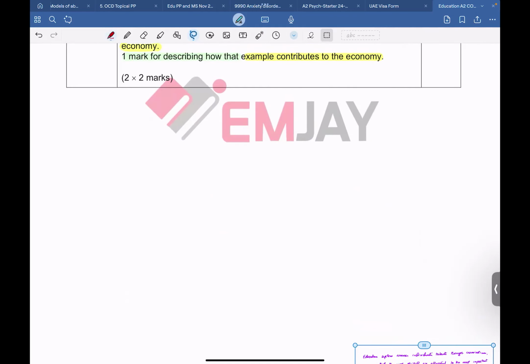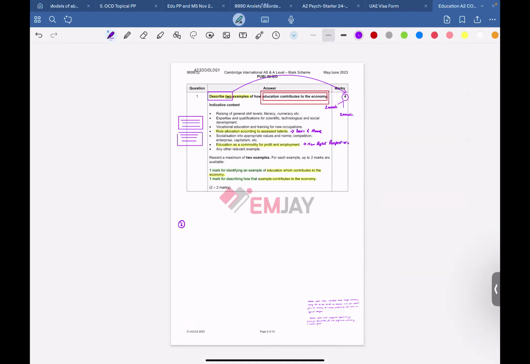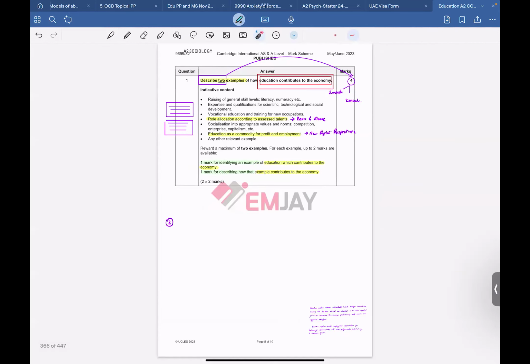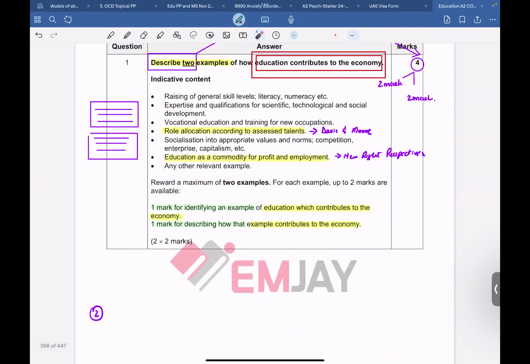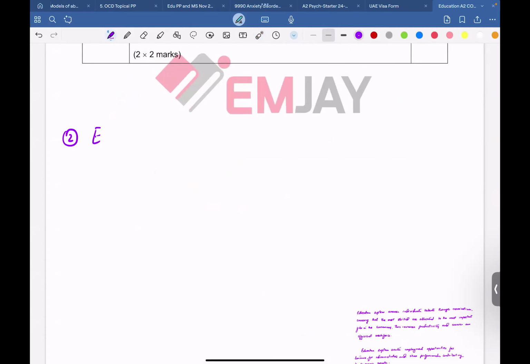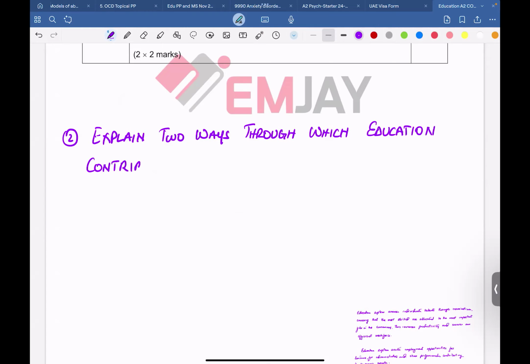Now, what if this question was like this? What if this was question number 2? And remember, question number 2 looks like this, where they talk about explaining two things, right? So what if this question said, explain two ways through which education contributes to the economy.